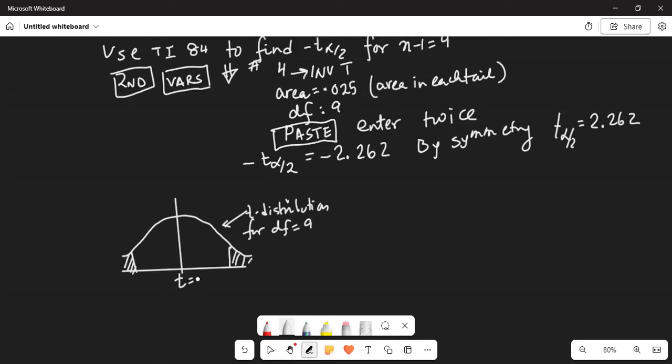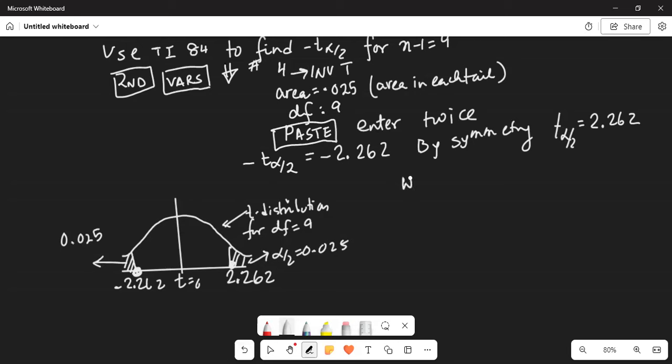This is t equal to 0. This area is alpha by 2, 0.025. This area is also 0.025. So this is minus 2.262, this critical value, and this critical value is 2.262, positive.